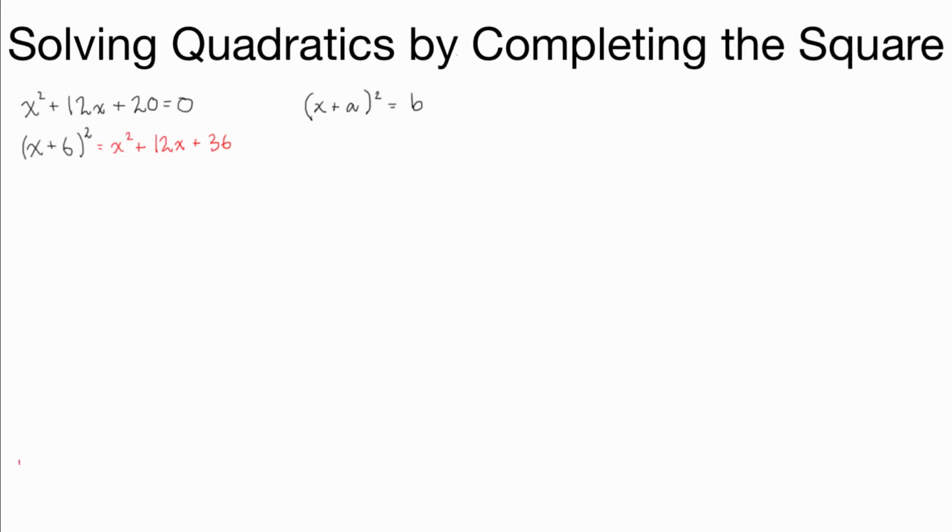So what we're going to do is keep this perfect square that we've worked on, and then subtract away this term that we don't want. And what this equation will leave us with is just x squared plus 12x.